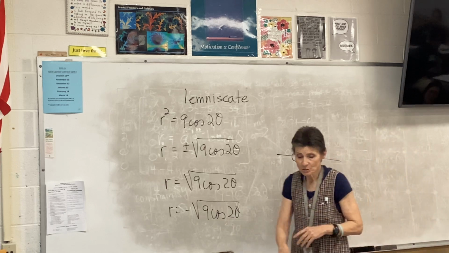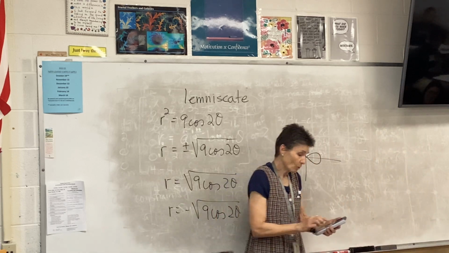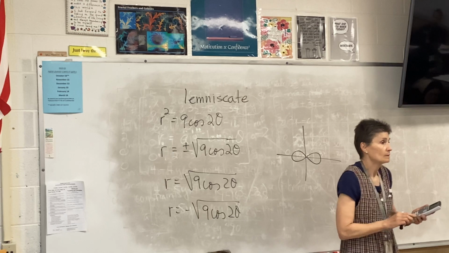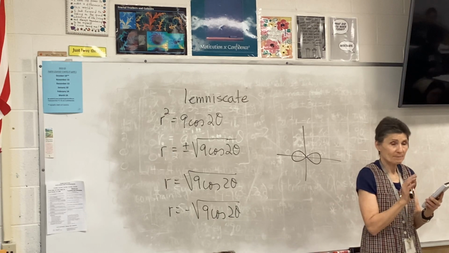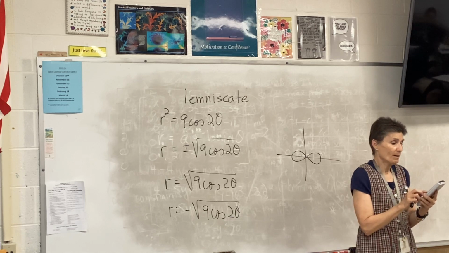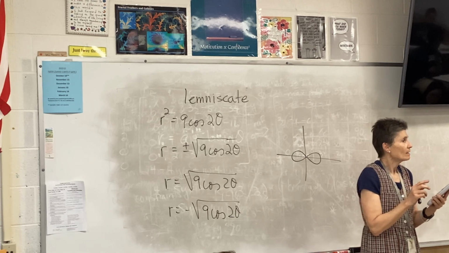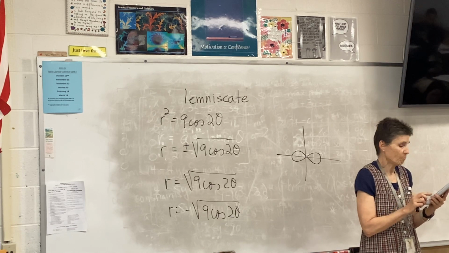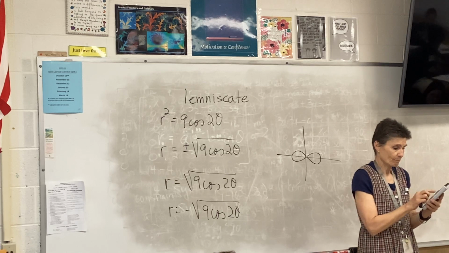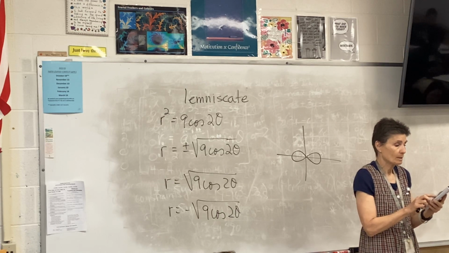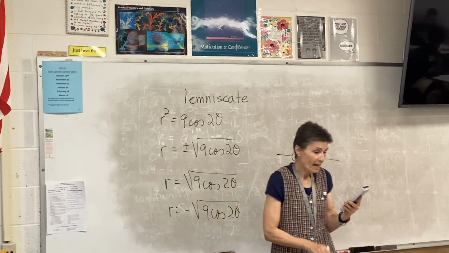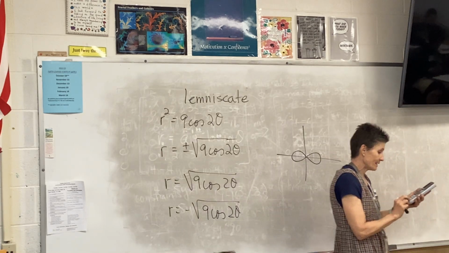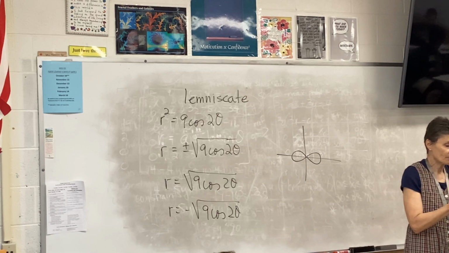So here's what I need you to do. I need you to go to window, and our theta min is going to be 0 still, but our theta max, let's make it 12 pi. Leave your step the same. In your x min and max, let's make it negative 80 to positive 80.